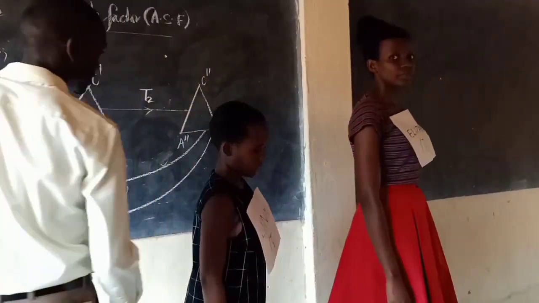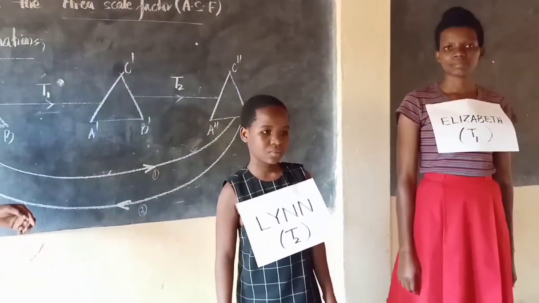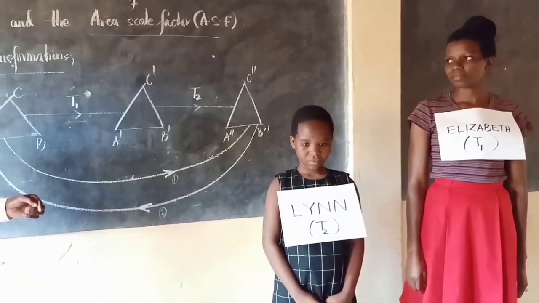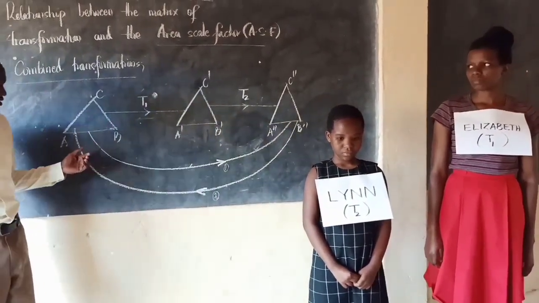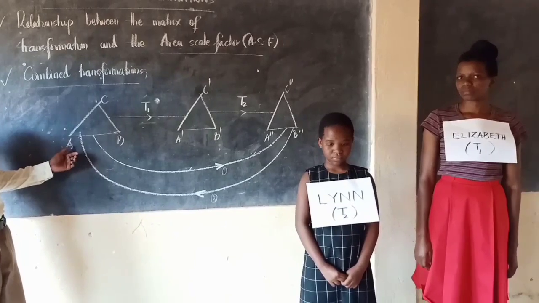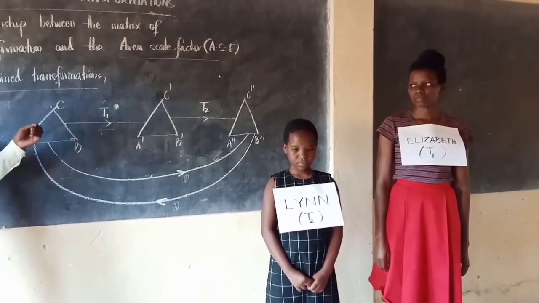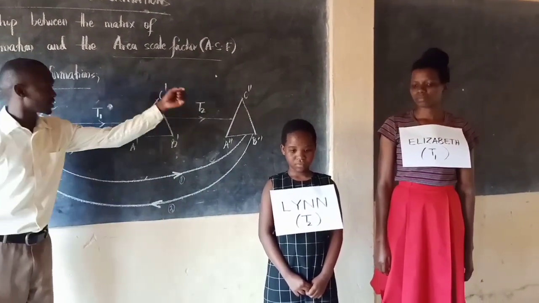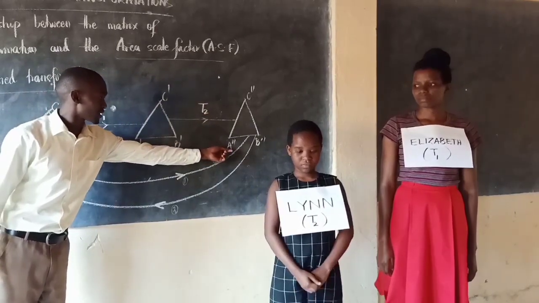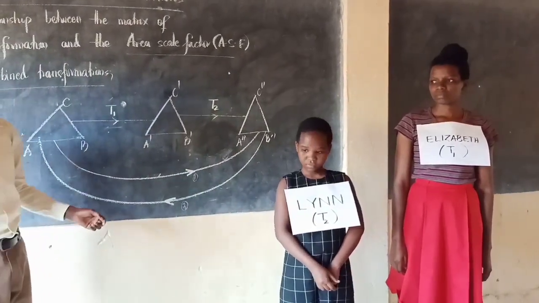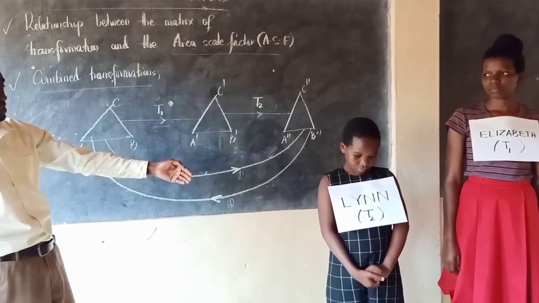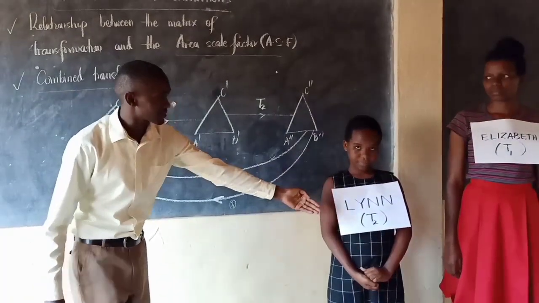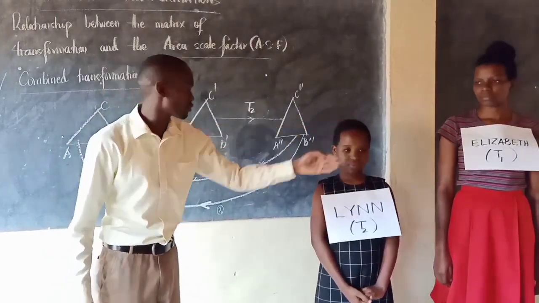You can pause there. Now when you look at the two transformation matrices, from me who is standing where they pushed the object from to put it at the first image, and finally due to Lynn it went to the second image, we notice that at the end of the transformation, dear viewers, it is T2 that is seen to come first, then T1.